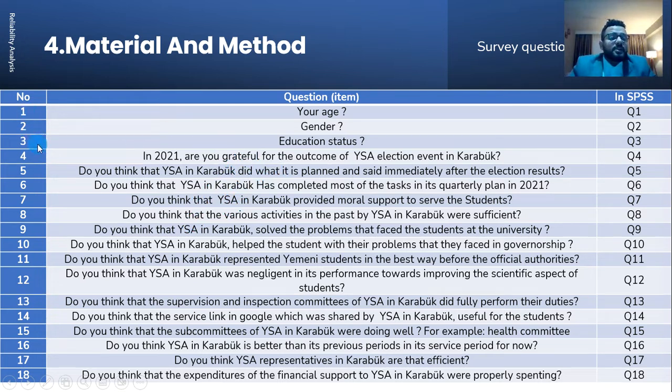The first part, questions 1, 2, and 3, contains 3 questions, and these questions are not included in the analysis because there are no Likert types in them. We'll start the analysis from question 4 until question 18, and the sum of these questions will be 15 questions. And you can see the questions will be like this.